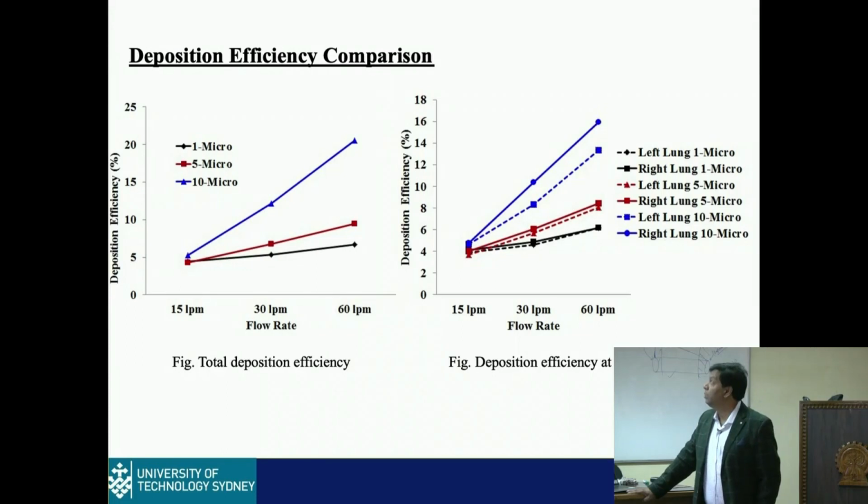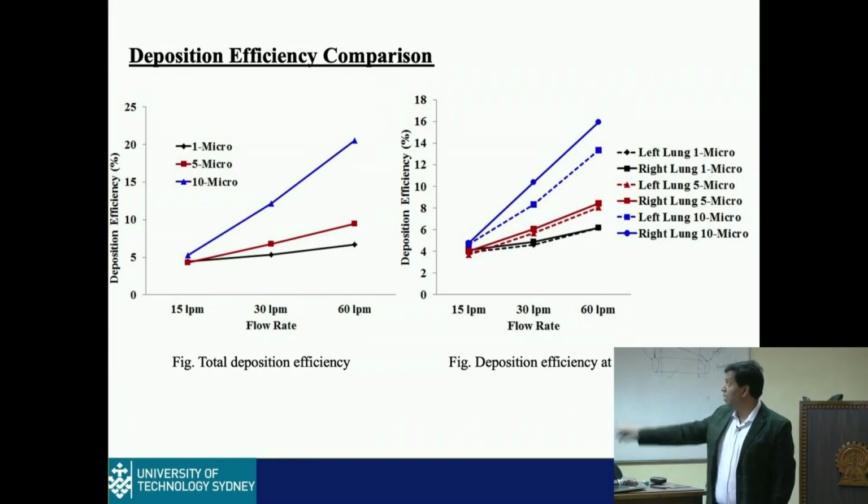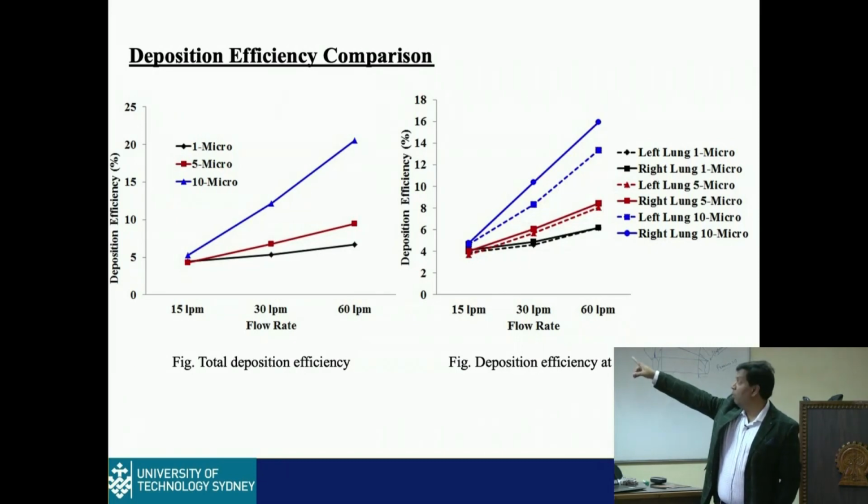We call those monodispersed particles, which means single size particles. We can only simulate a single size particle, so that's why we had to run 3 simulations: 1 micron, 5 micron and 10 micron.